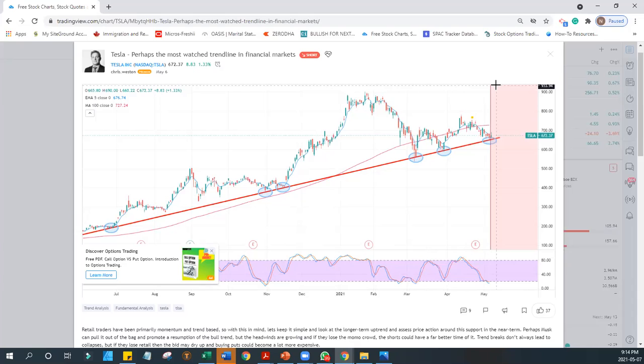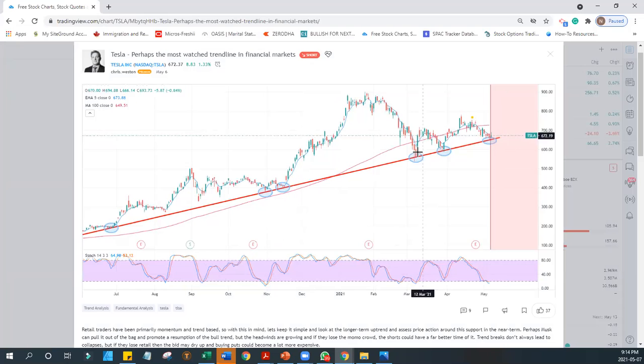So Tesla for the future is a good one, and if you get it at 550, get it. Yeah, 550 will come. If the price goes down to 650, you will see 550 in the next two weeks. Either you will see 650, or 550, or you will see $900 for Tesla.